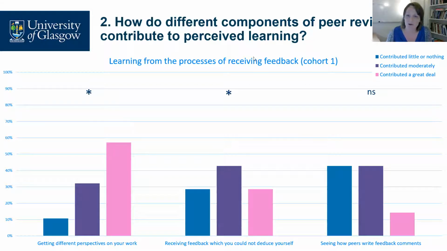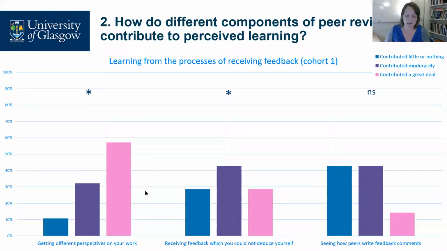So we're thinking about the process of receiving feedback. That was also identified initially as being helpful, as well as actually giving the reviews. When students were asked to think about the different things they could be learning, they thought that receiving feedback contributed to them learning about different perspectives on their work and receiving feedback which they couldn't deduce themselves, but they didn't find it particularly helpful to see how peers wrote feedback comments.